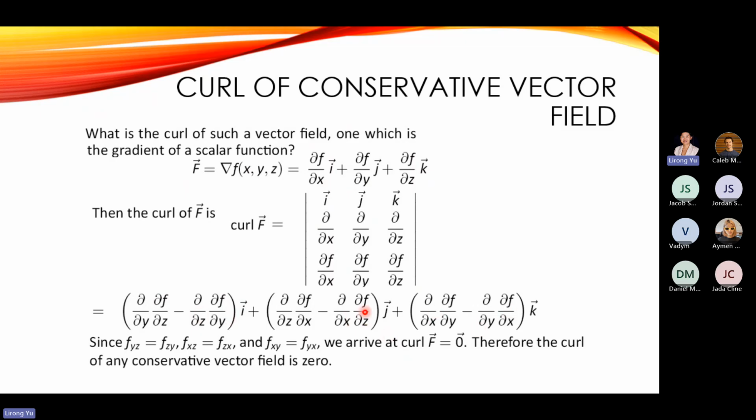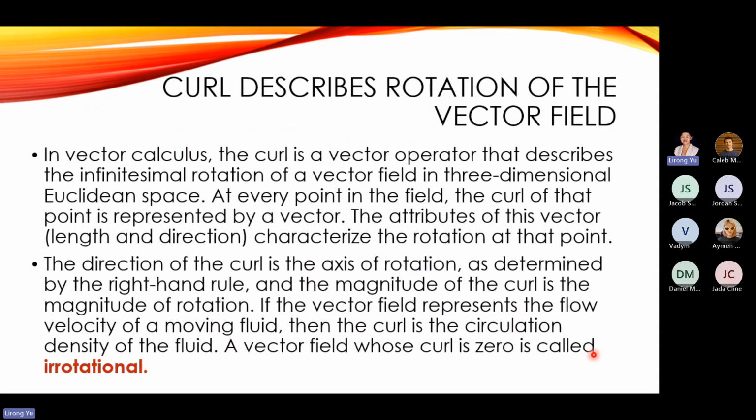So these are essentially 0, 0, 0. So the curl will be a vector that has all components equal to 0. That is what should be happening for a conservative vector field. The curl vector should be the 0 vector. So basically, that gives us the idea that curl describes rotation of the vector field.